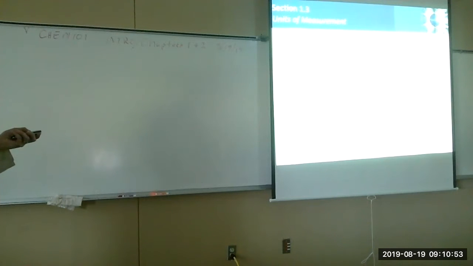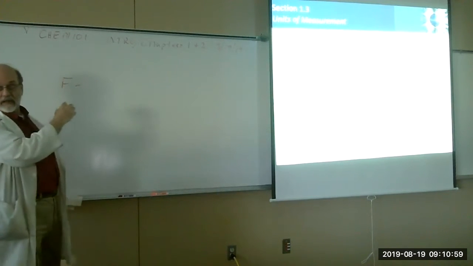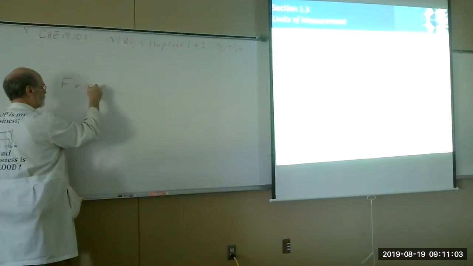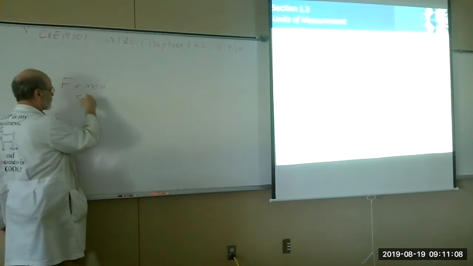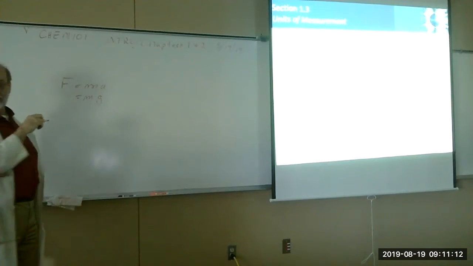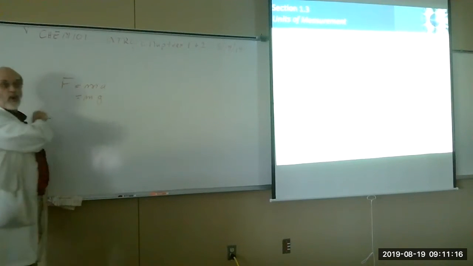But the mass is determined. And if you want to know what it weighs, here's where Newton comes in again. F equals MA, well actually, we use G for the acceleration of gravity. So if you know what G is and you know the mass, you know what it's going to weigh.